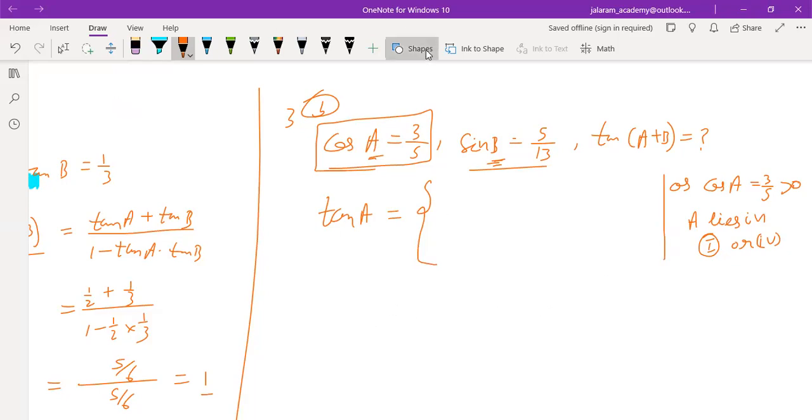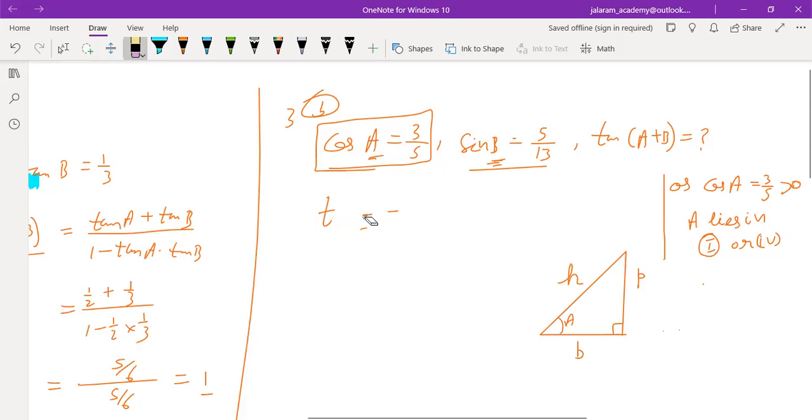So if we draw a right angle triangle now, with this angle as A, the reference angle. We know that this side is perpendicular, this side is base, and this side is hypotenuse. And cos A is the ratio of base upon hypotenuse.